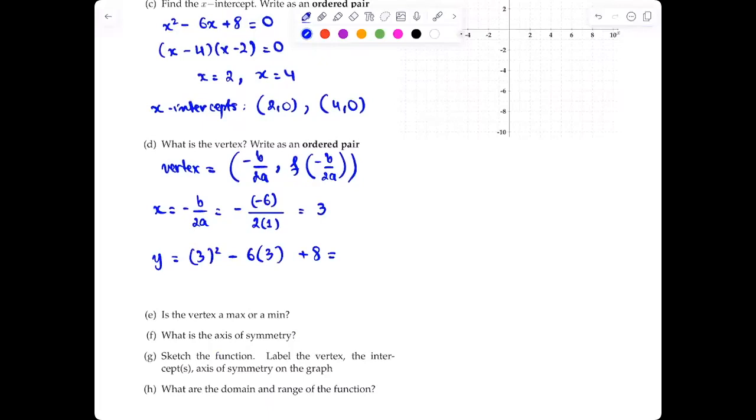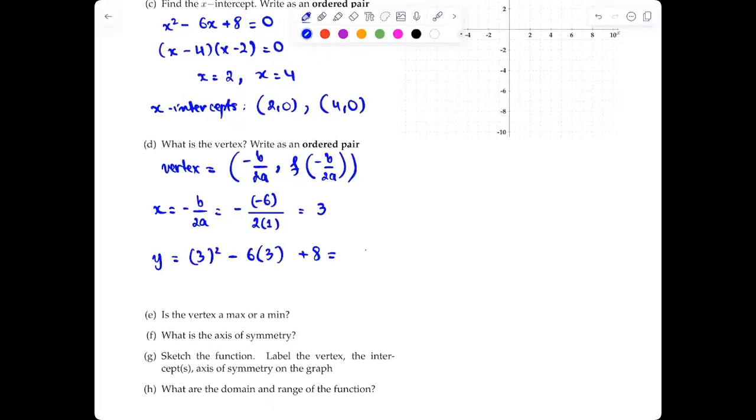Do a quick calculation, please. What is y equal to? Negative 1.